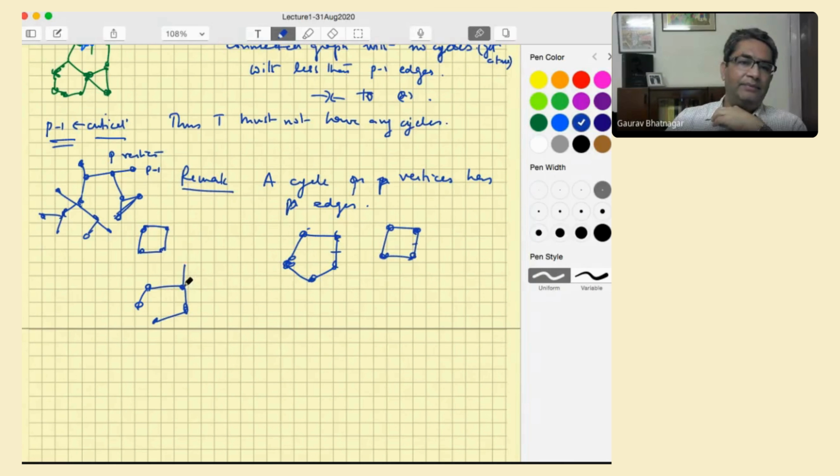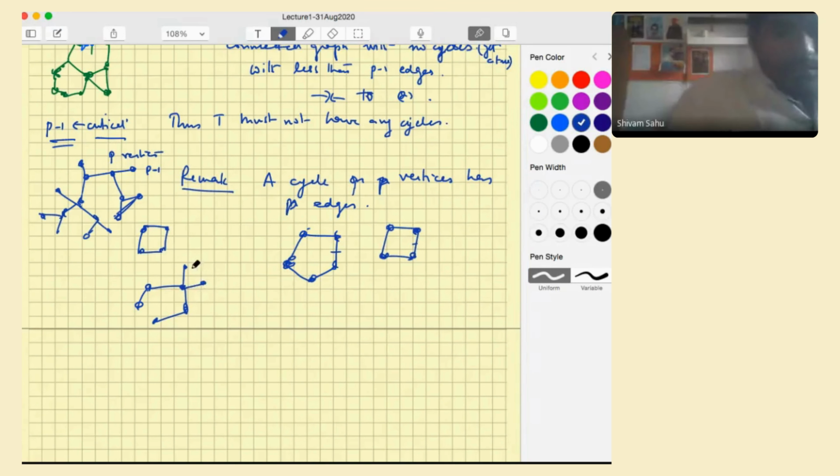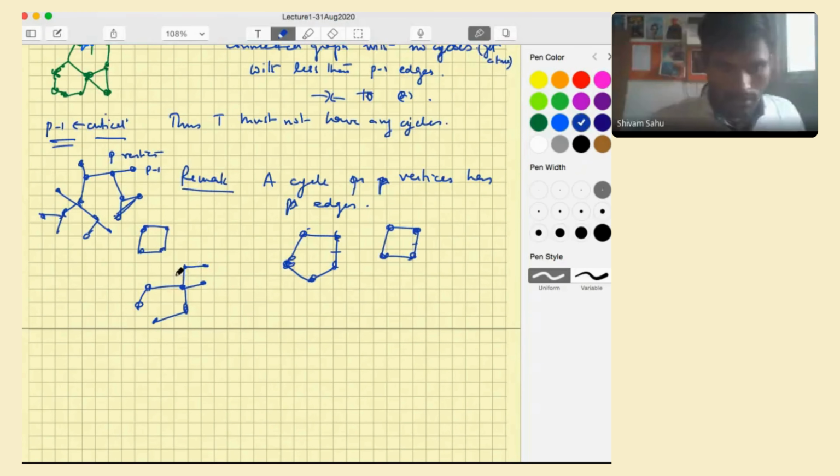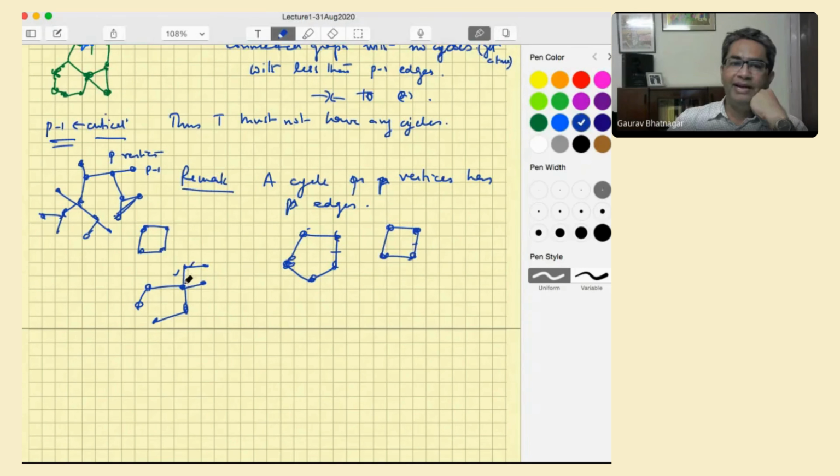And again, if you add an edge, then you're adding a vertex over there. So this number keeps going up. So if you add an edge and a vertex, you're fine. Any other questions?